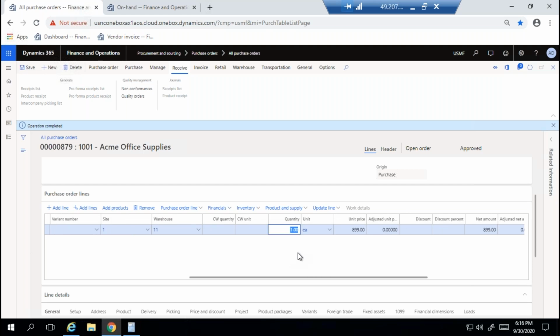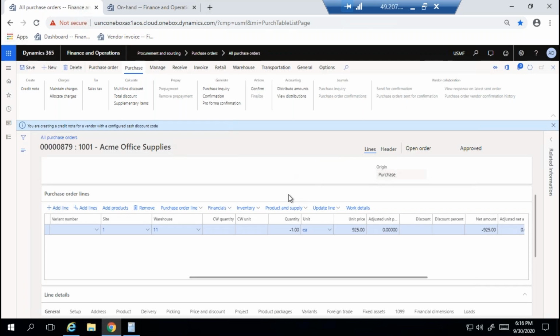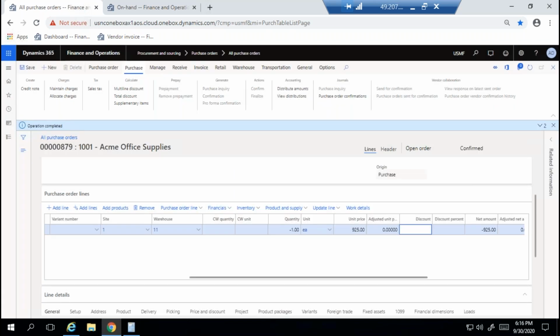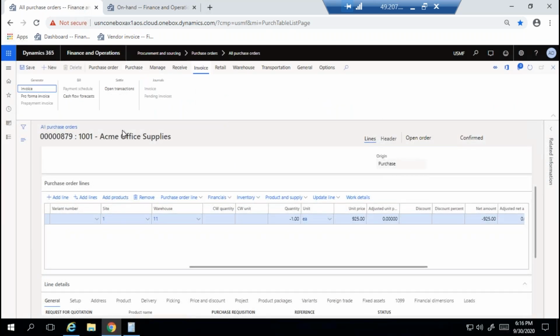Fine. Now I am entering -1 quantity. Suppose you have discussed and it was 925 only. Okay. Now it is confirmed. After that, you are returning back directly invoice. No need of product receipt. I'm doing invoice.